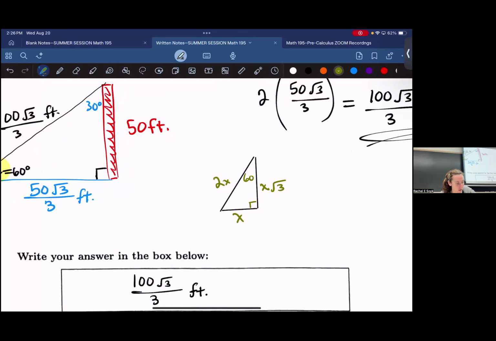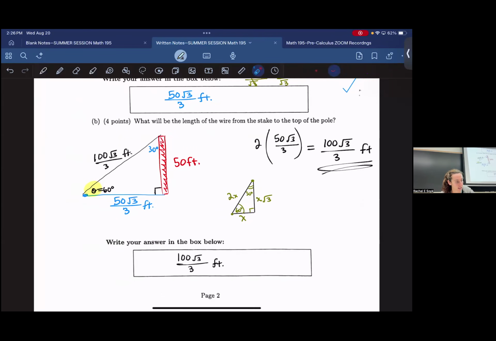And so if you know the shortest side, then you know the longest side is just double that. So our shortest side is opposite the 30 degrees, so our 50 square root of 3 over 3. Our longest is just double that.